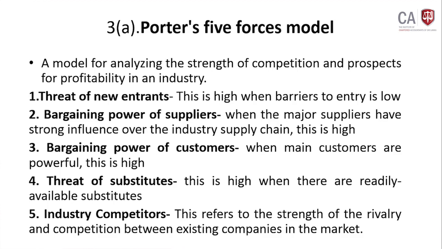Then bargaining power of customers: when main customers are powerful, it is high. Then threat of substitutes: this is high when there are readily available substitutes. Industry competitors refers to the strength of the rivalry and competition between existing companies in the markets. So, we will look at each one.